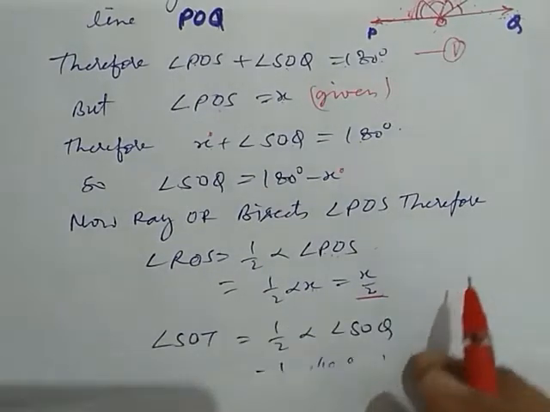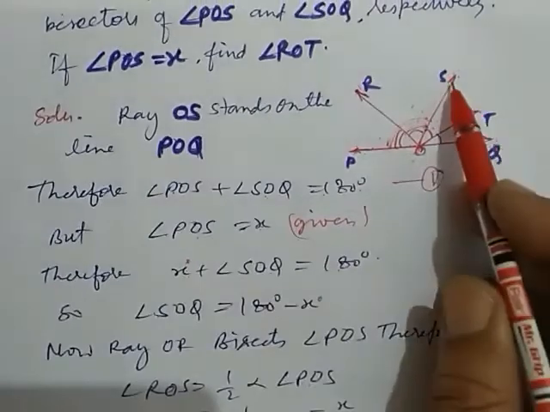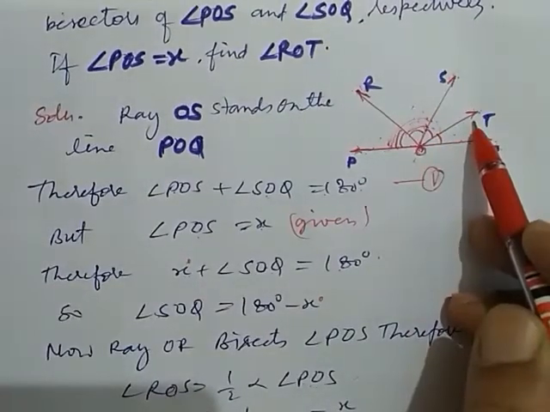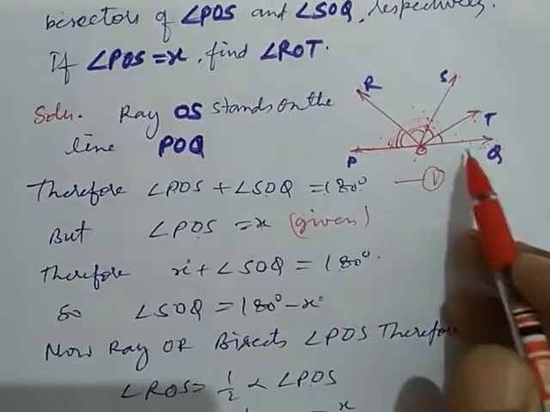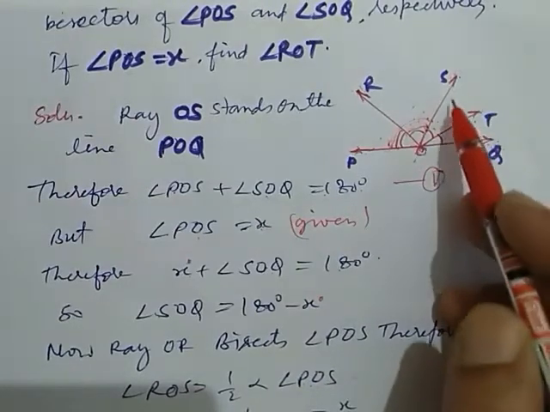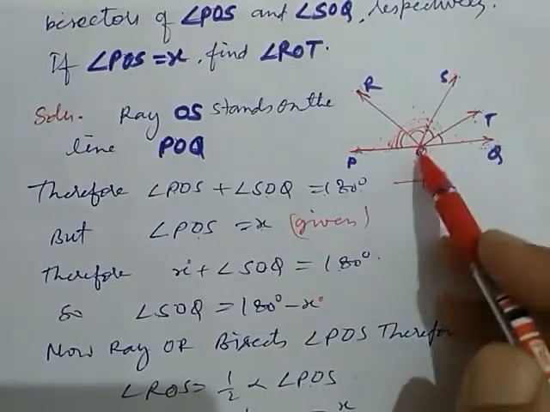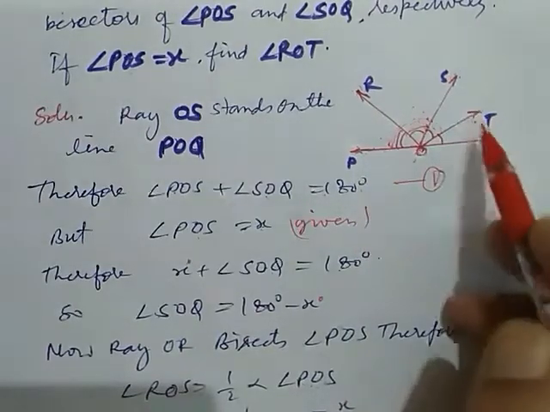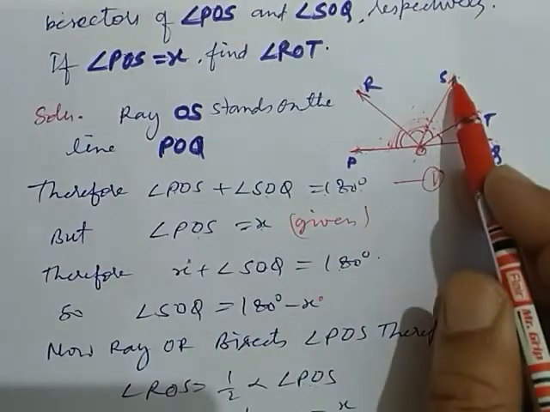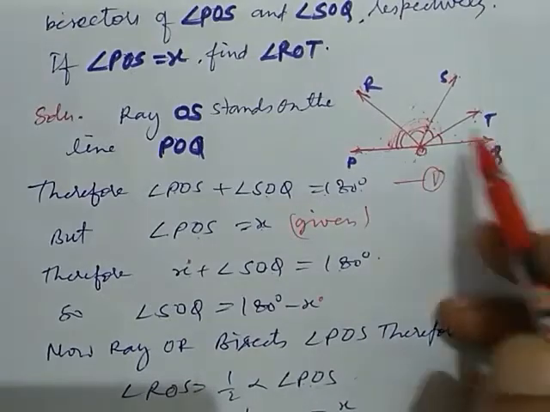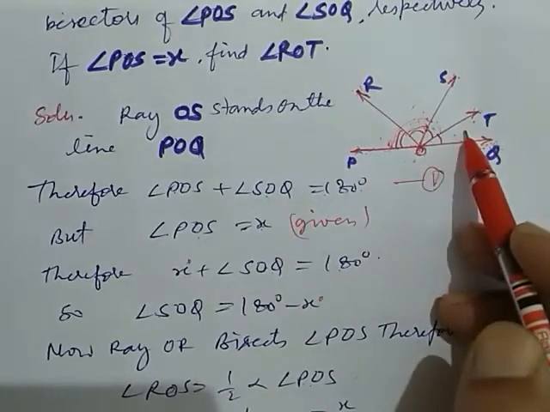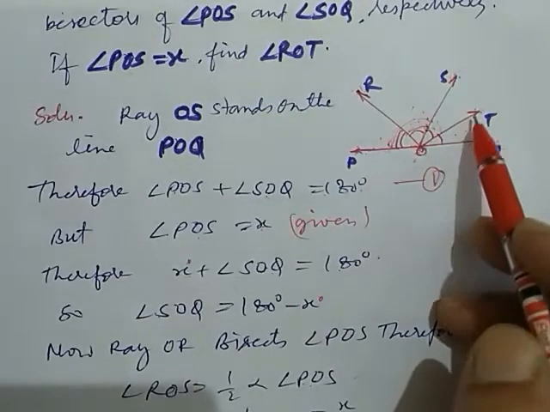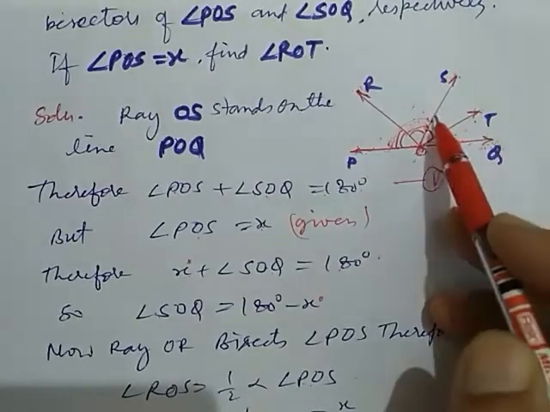Now angle SOT. Here OT stands on POQ and OT bisects SOQ, so these two angles are equal. So SOT is half of SOQ.